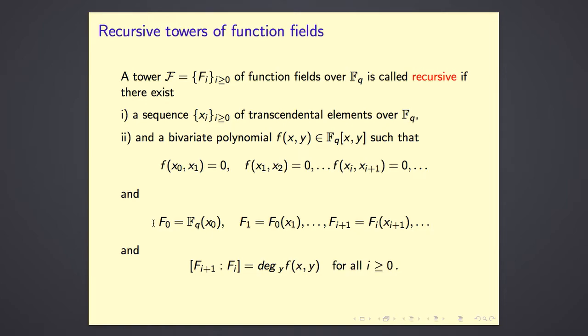In this way, you get F_0 just as the rational function field, and F_1 is constructed by adding x_1 to the rational function field F_0, and so on. And we also ask that the degree of F_{i+1} over F_i should be the degree in the y variable of the polynomial f.